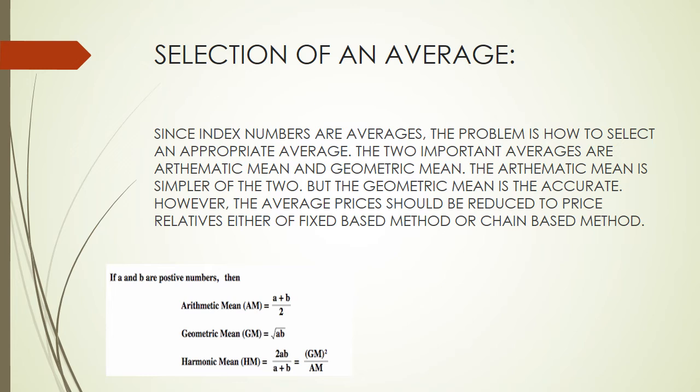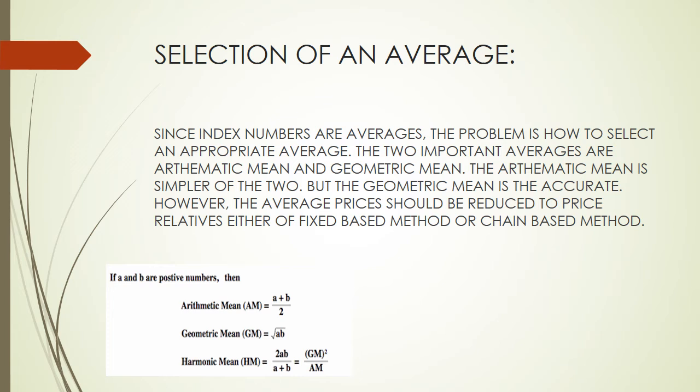Arithmetic mean is the simpler of the two means. Here we can see the example, like a plus b divided by 2. That is an arithmetic mean. It is the simpler of the two. But the geometric mean is the accurate one, meaning it is actually the correct one, and the average prices should be reduced to the price relatives.